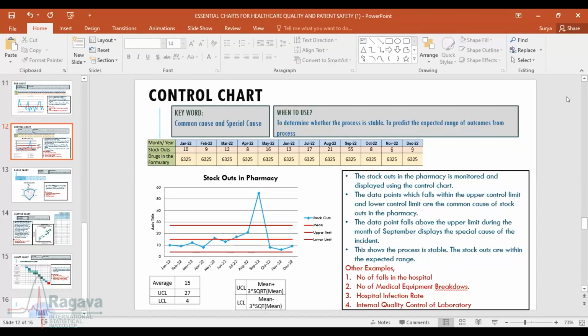So the other option is to show it in the form of a bar chart, just the count. One fall, two falls, three falls, or maybe the incidence can be shown as a downward trend in the form of a line chart. That's it. We don't have access to that software in our setups today.